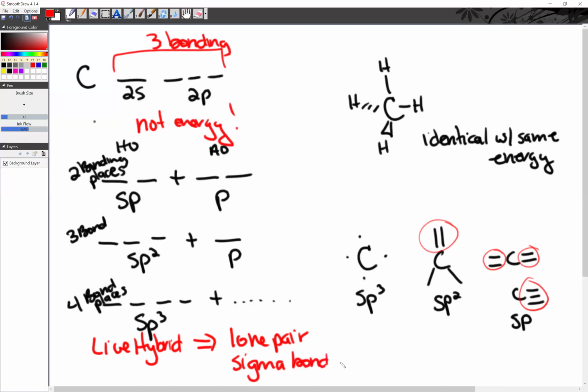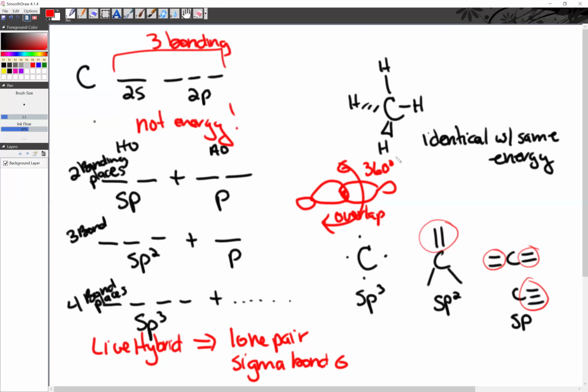It gets the nice little Greek symbol sigma. That overlap right there is a sigma bond, and it has free rotation. So 360-degree rotation. If you held on to one, the other could just rotate around it. That is called a sigma bond.